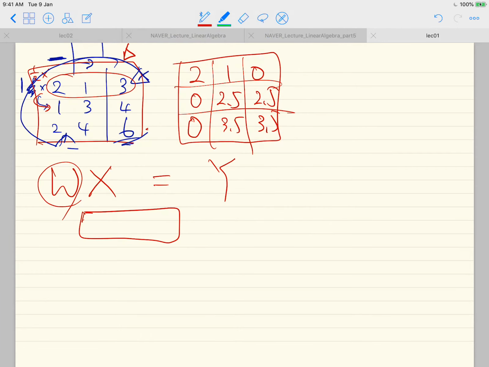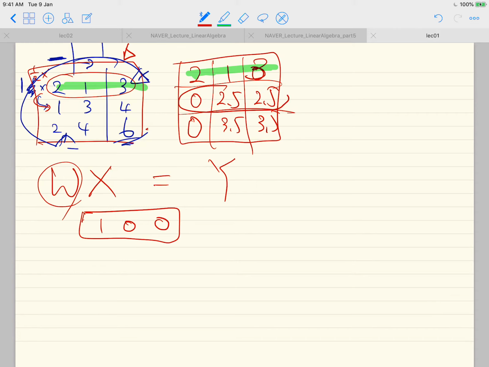The first row was 2 and 3, and that was only used as an eraser, but the first row itself didn't change at all, right? So the first row remains the same. And so when imagining the matrix W multiplied on the left of the X, the linear combination coefficient will be 1, 0, 0, right? So it's not changed at all.